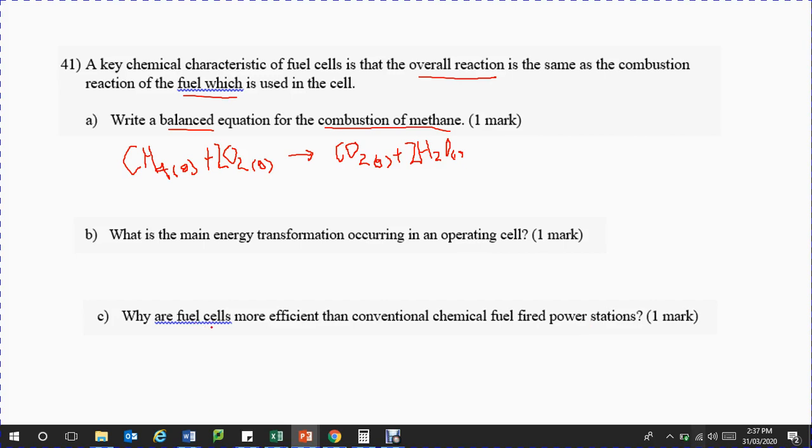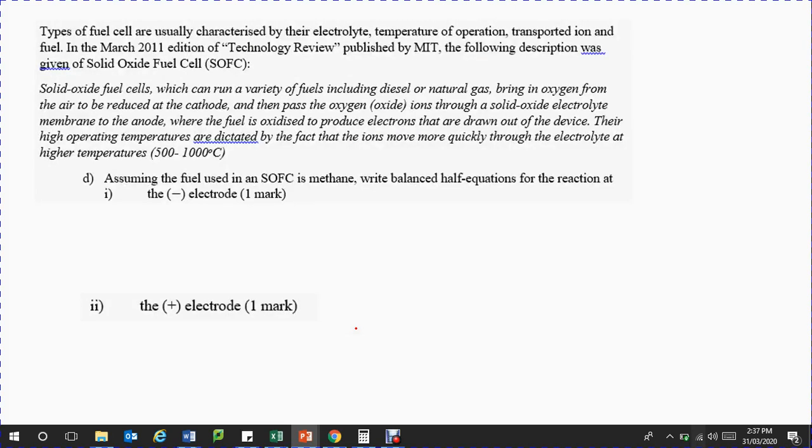A fuel cell goes directly from chemical energy to electrical energy, whereas in a fuel-fired power station we have lots more stages: chemical to kinetic to mechanical and so on to electrical. Along the way we lose energy as heat. Whereas when it's direct from chemical to electrical, we don't have such a significant heat loss.